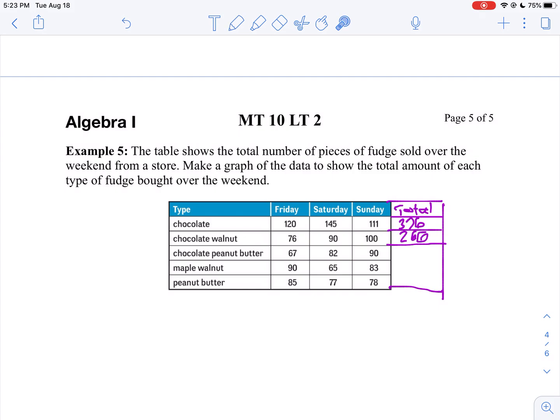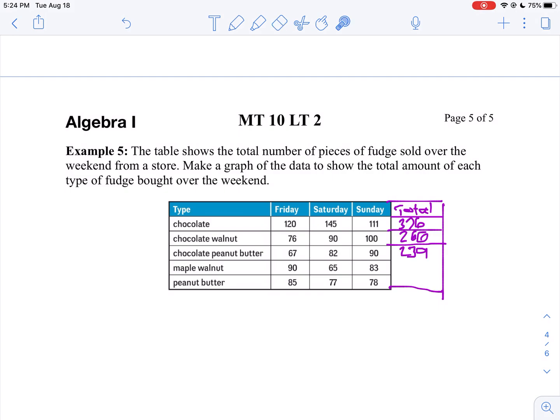67 plus 82, that would be 149. Plus 90 would be 139. Try 239. Sorry about that.